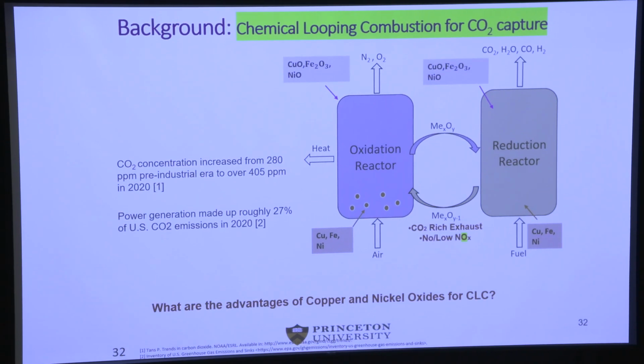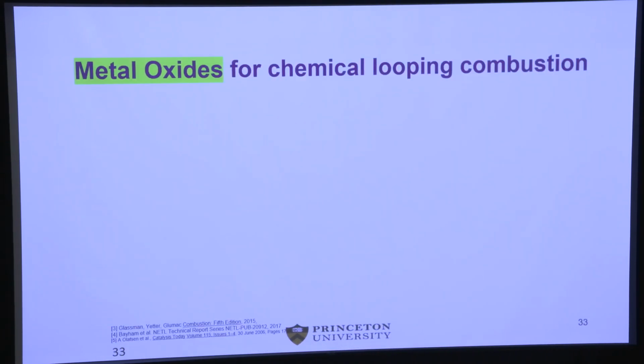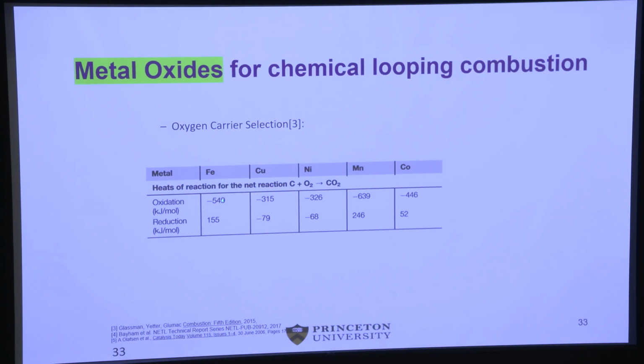Why is that? If you look at chemical looping, you can see this is iron, this is copper, and this is nickel. Both copper and nickel, when they do oxidation and reduction, are both exothermic, right? So that helps the process to be used.